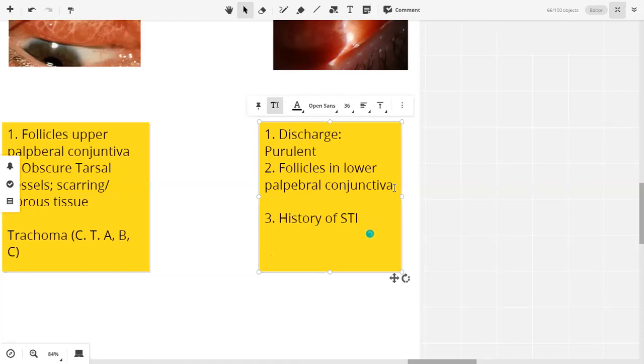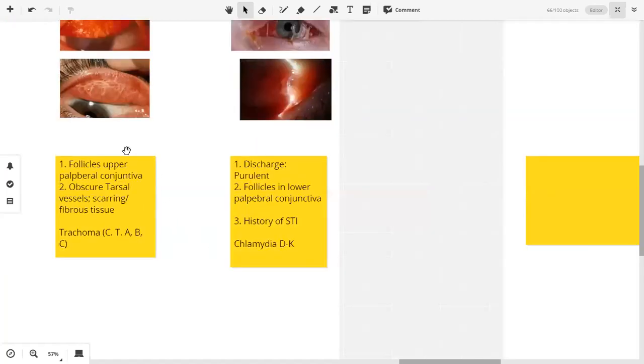Okay. History of STI is Neisseria gonorrhea. Is there another organism specifically? Chlamydia trachomatis, with serotypes D through K, right? So this is our diagnosis of Chlamydia trachomatis.